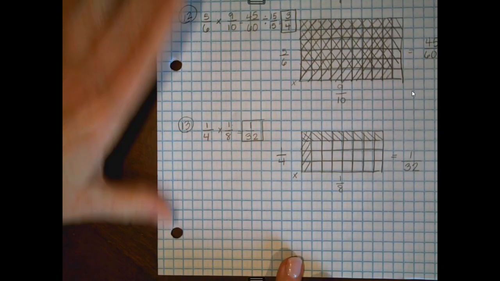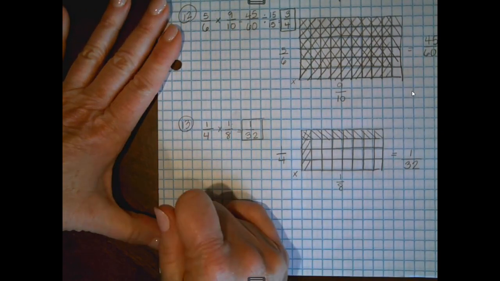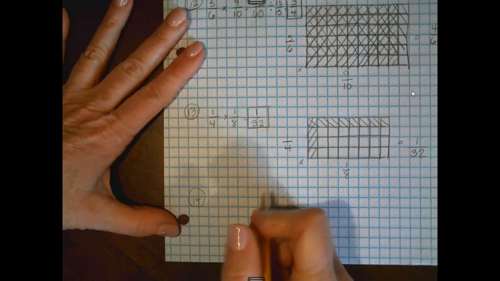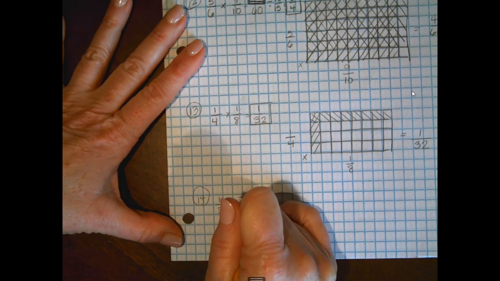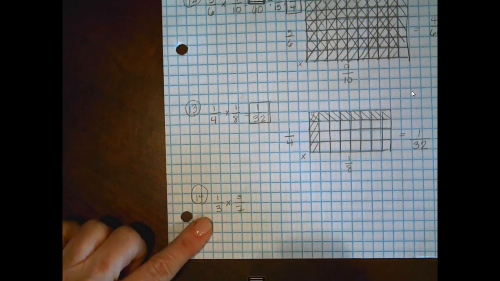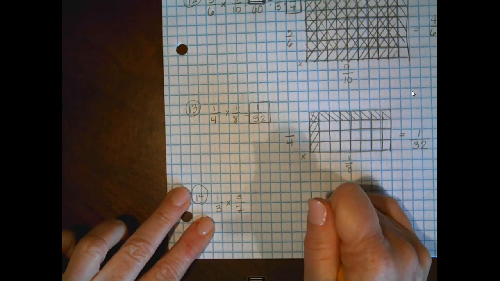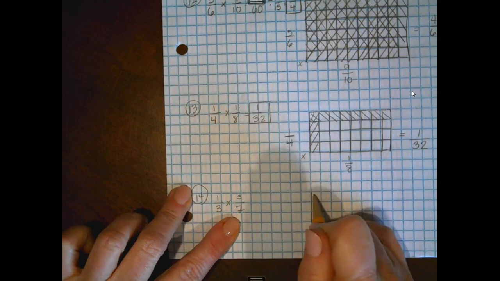All right, the very last model I'm going to do with you before you move on to your independent practice is number 14. Number 14, you were multiplying 1/3 times 3/7. So the model needs to have 3 rows and 7 columns.